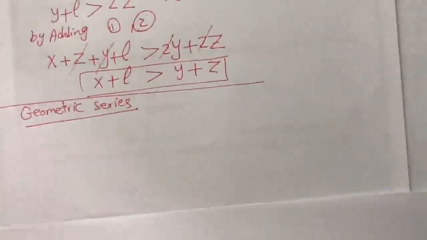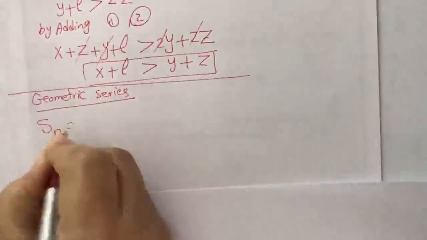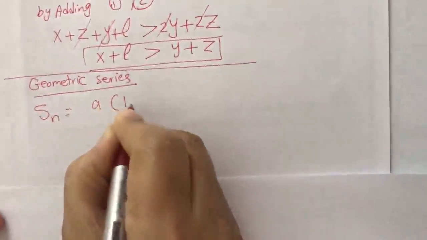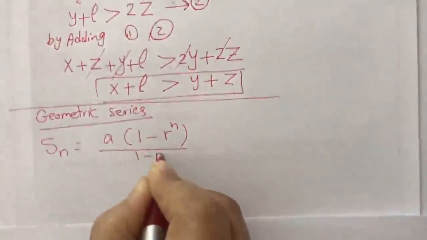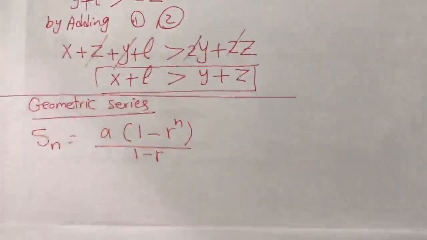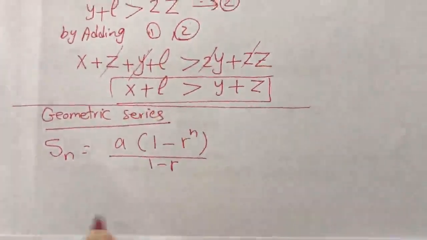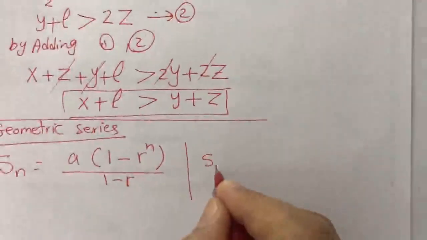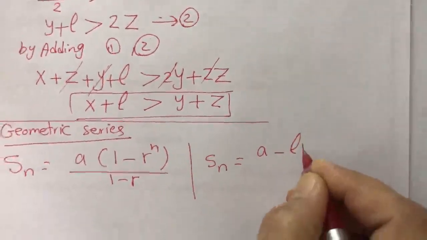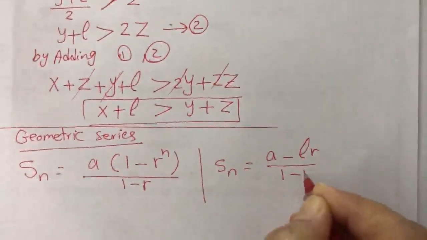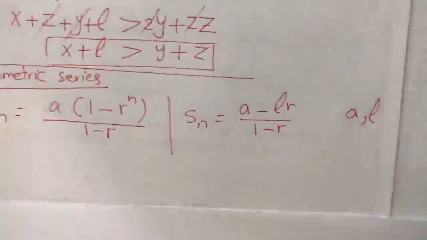And now we will take two rules for the geometric sequence. Sn equals a multiplied by 1 minus r to the power of n over 1 minus r, if I know r and a. And another rule, Sn equals a minus lr over 1 minus r, if I have the first term and the last term.